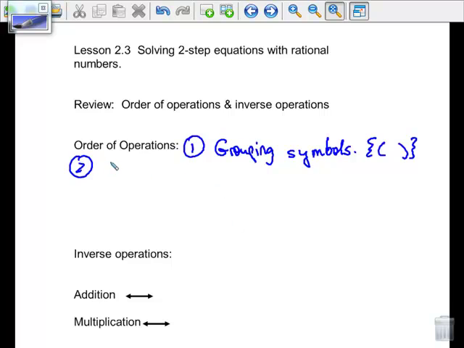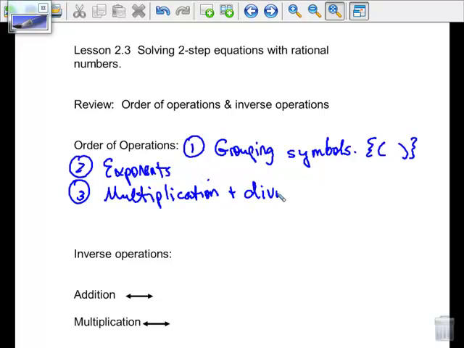Step 2 is to solve the exponents. Step 3 is multiplication and division, from left to right.